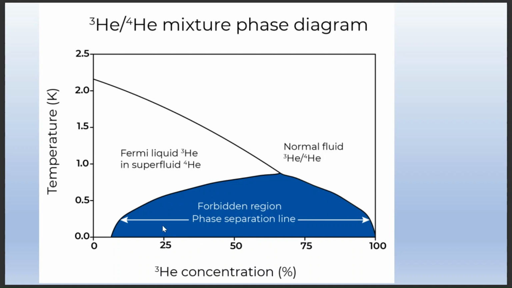The concentration of helium-3 in helium-4 becomes very low, around 6.6%. So basically there are two types of liquid in the dilution refrigerator. One is the helium-3 phase, which is on top of the mixture of helium-4 and helium-3, where helium-3 is present at around 6.6%.